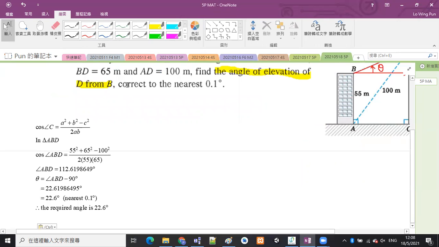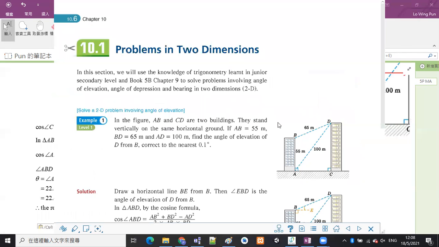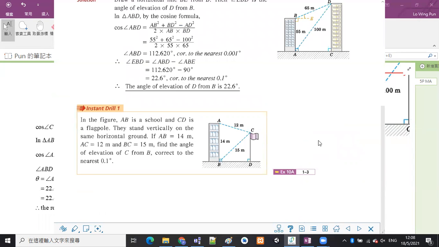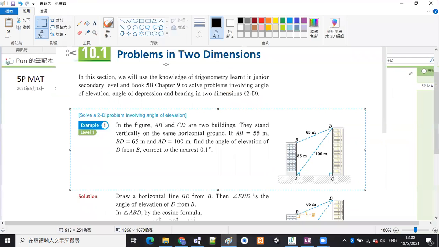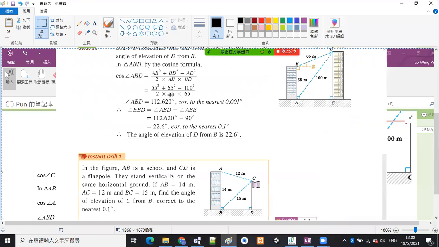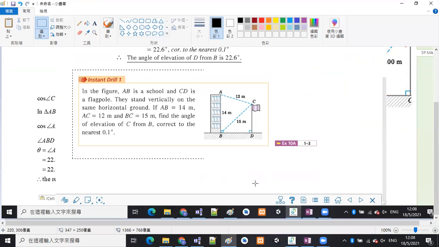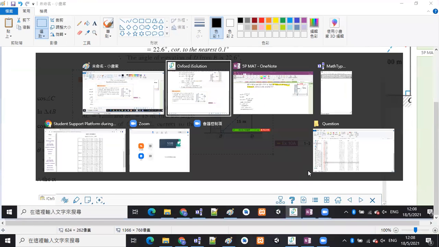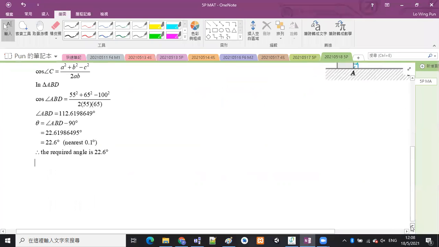So now I would like you to do the instant drill number 1. Let's do the instant drill number 1. So I would like to give you 5 minutes. No, 3 minutes.